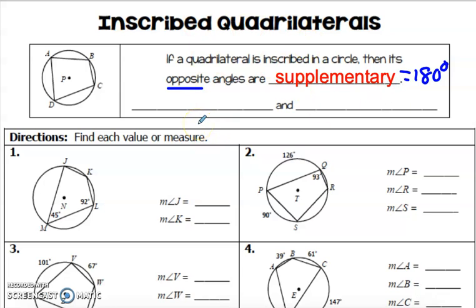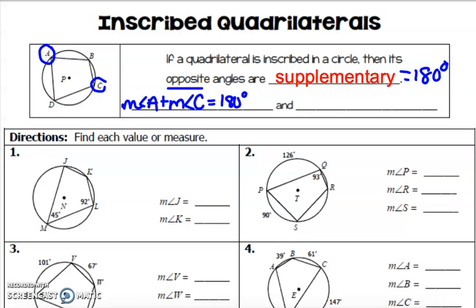So what that means is, let's look at A and C as examples of opposite angles. So I'm going to have the measure of angle A plus the measure of angle C. If I add those two together, I'm going to get 180 degrees.